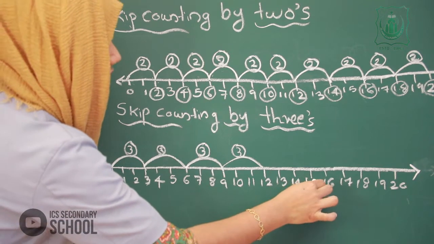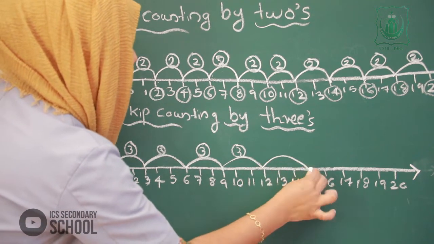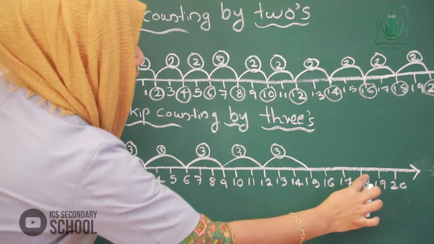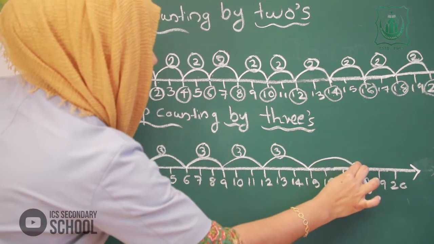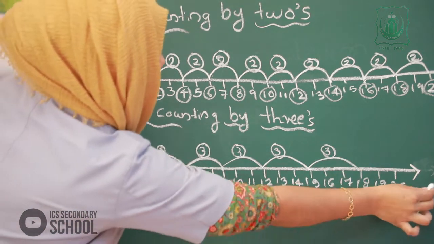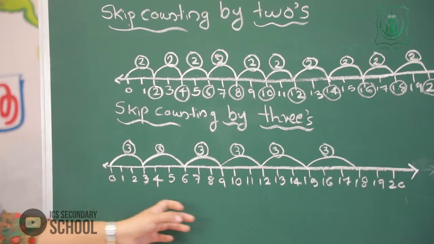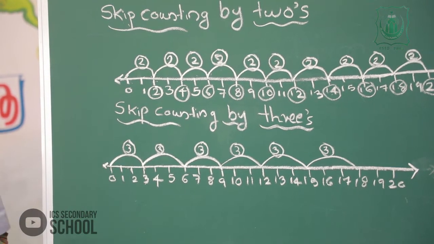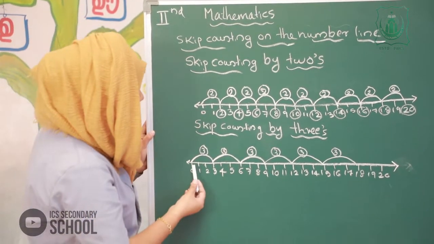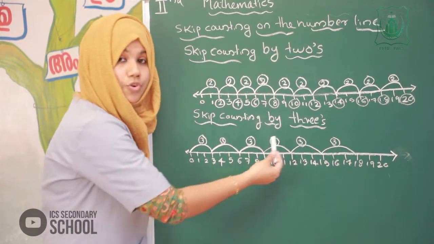So this is skip counting by 3's. Which number do we add forward?